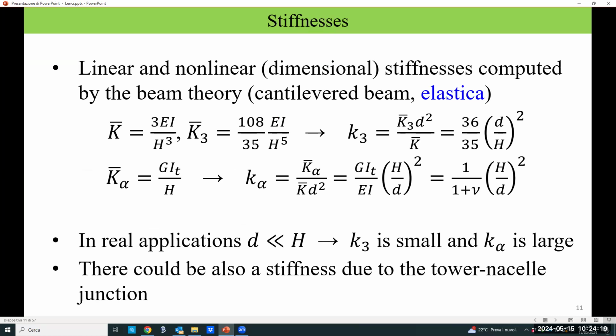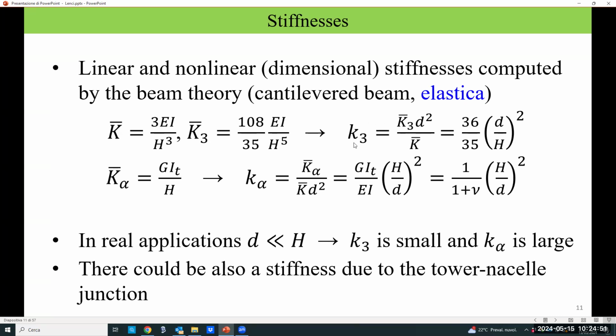You solve it by closed-form solution in terms of sines and cosines or special functions. I don't remember the name, but they are special functions, Bessel functions. You can solve it and compute the linear stiffness in the physical problem, and K3 is just this ratio.